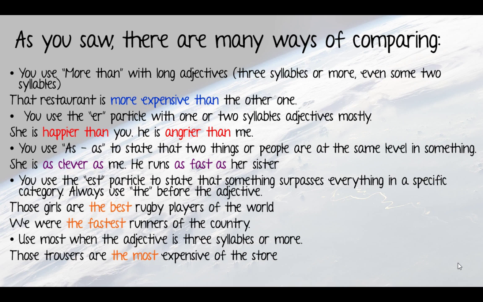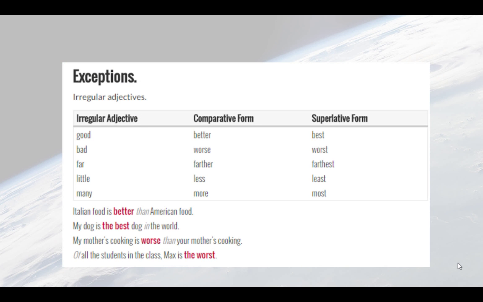And these exceptions have to do with the irregular adjectives good, bad, far, little, and many. Those five are the most common exceptions of the English comparatives. Good, better, best. Bad, worse, the worst.